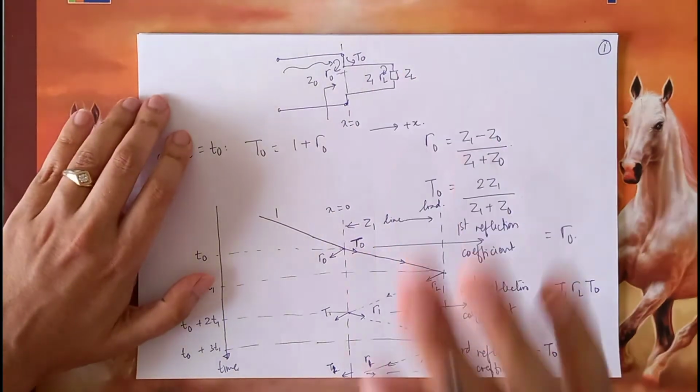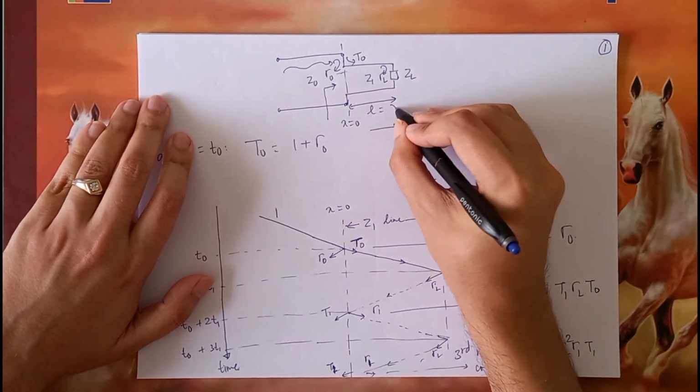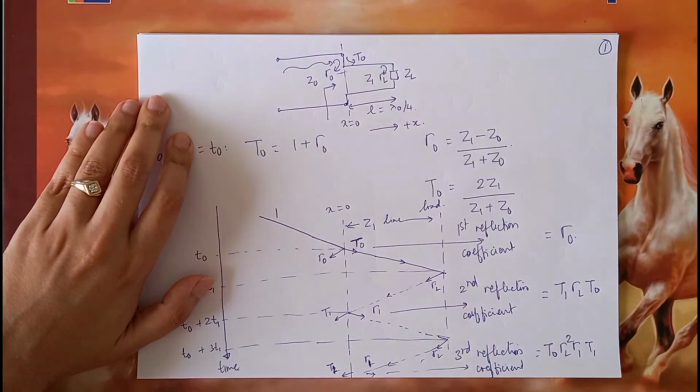Now let us put one more constraint. Let us say that this length is some lambda 0 by 4. Then what?